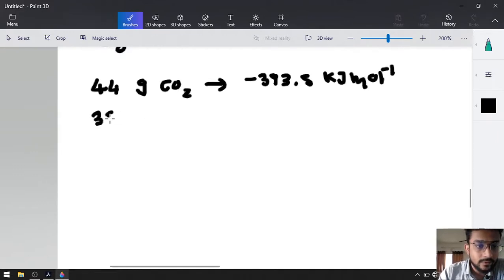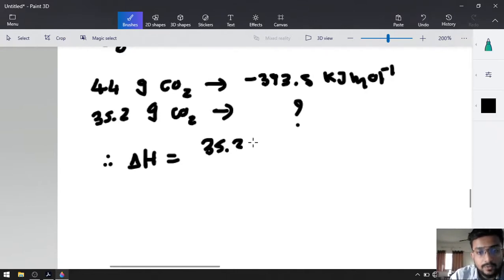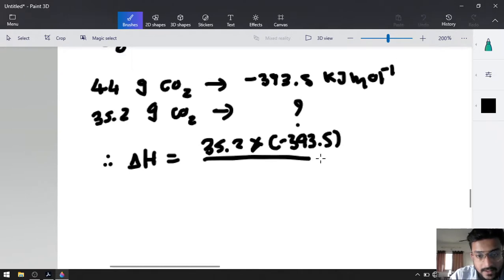Now for 35.2 gram of carbon dioxide, how much energy will be needed? Simple cross multiplication is there, that's why delta H will be equal to 35.2 into minus 393.5 divided by 44, and that will be your answer.